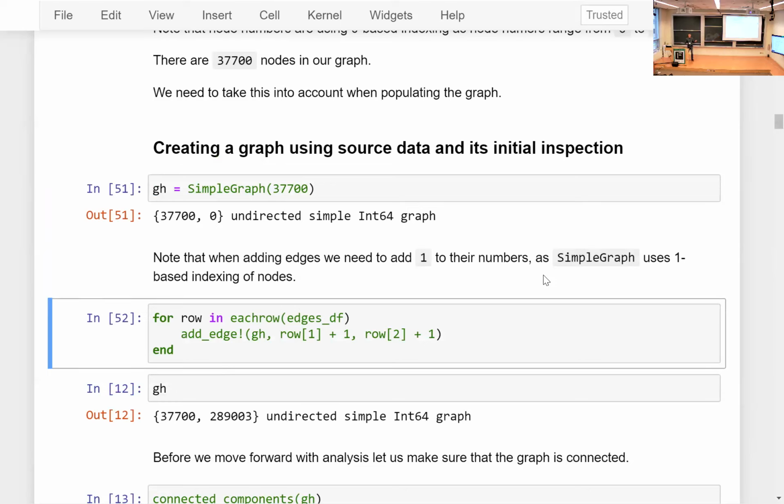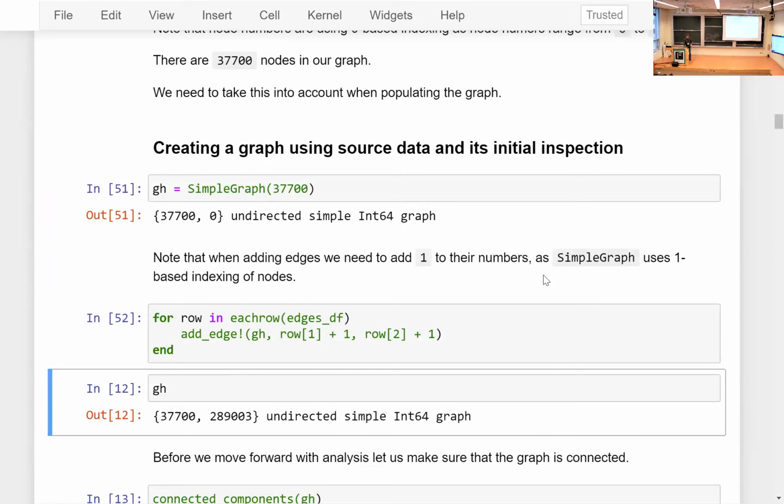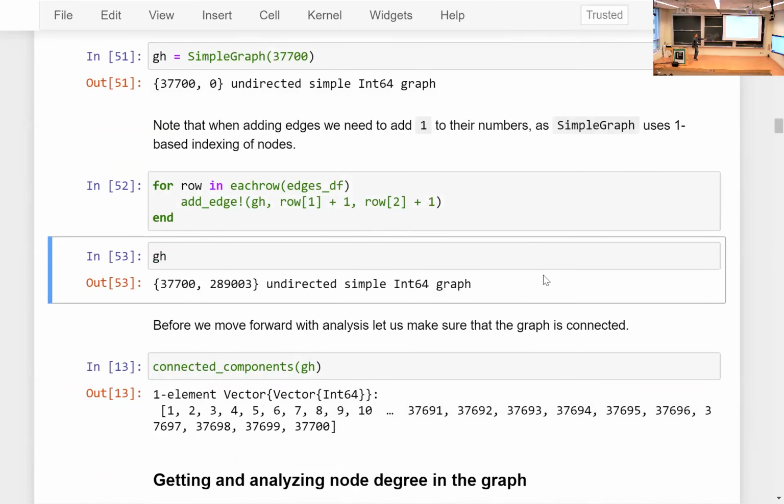So you see that the time to do it was relatively fast. And there was this question, can we use loops in Julia? Yes, we can. Because running this loop 300,000 times was almost instant. So I checked that indeed now I have all those edges put into the graph structure.